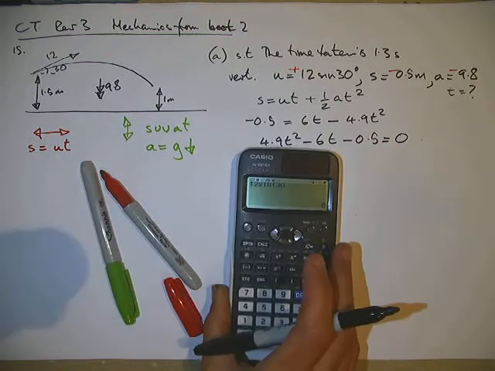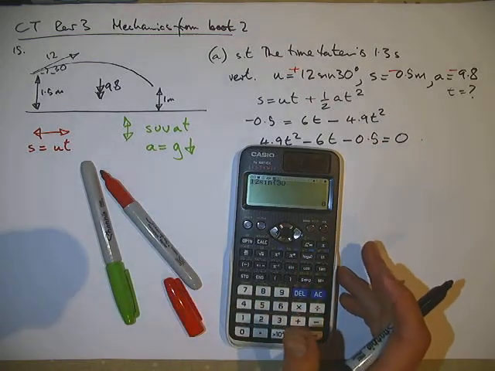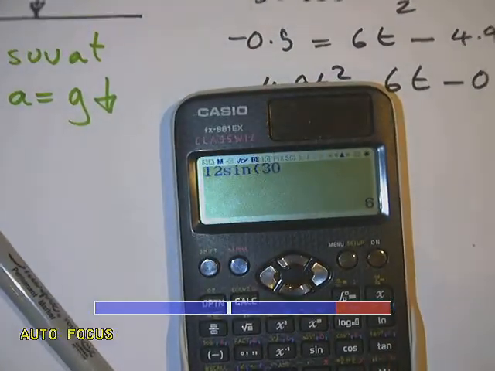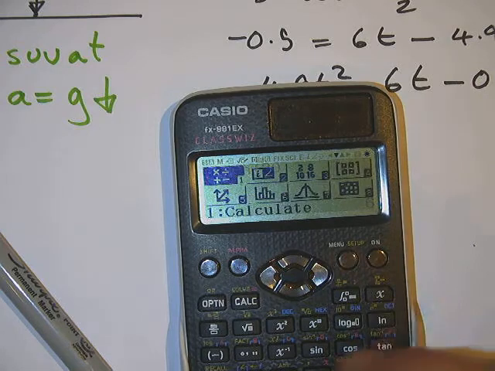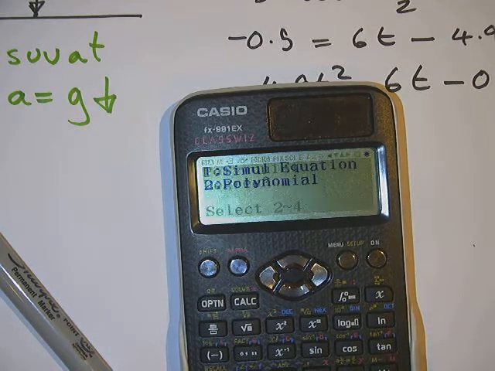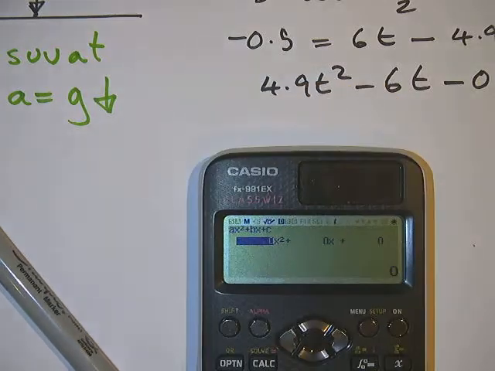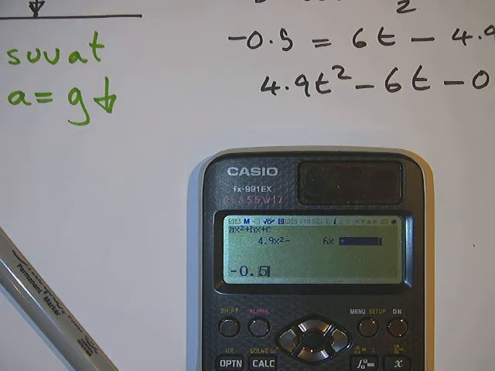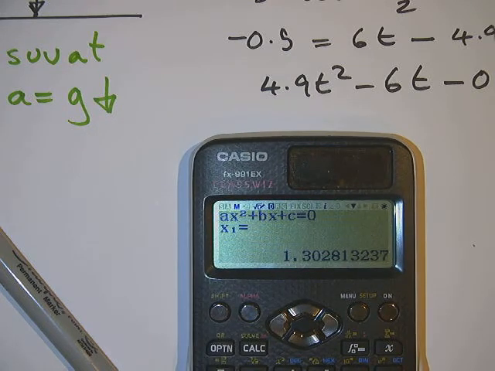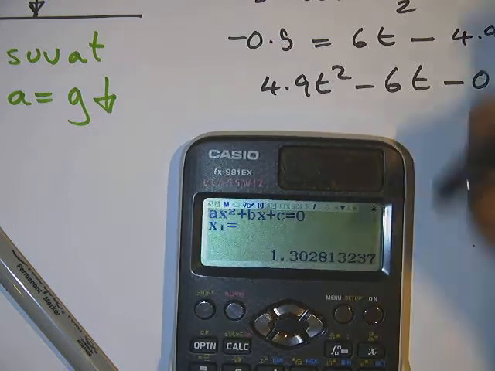And on our exams, you rearrange that, and we don't have to be any more complicated than solving on the calculator, do we? So menu, that one. So polynomial degree 2, 4.9, minus 6, minus 0.5, and we get an answer of 1.30, which is what we wanted, isn't it?